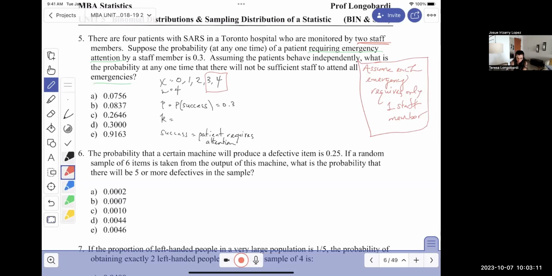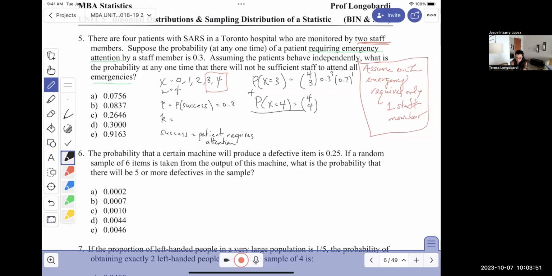All right, so now we're going to calculate for 3 and 4. Probability X equals 3, probability X equals 4, and we're going to sum them. So the number of ways of seeing 3 out of 4 successes and the number of ways of seeing 4 out of 4 successes, multiplied by the probability of a success, which is 0.3 to the 3 successes, and that leaves 1 failure, so the probability of failure is 70%, and there's only 1 of those.